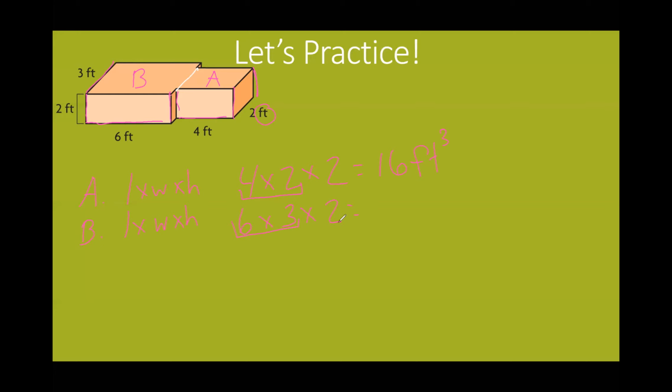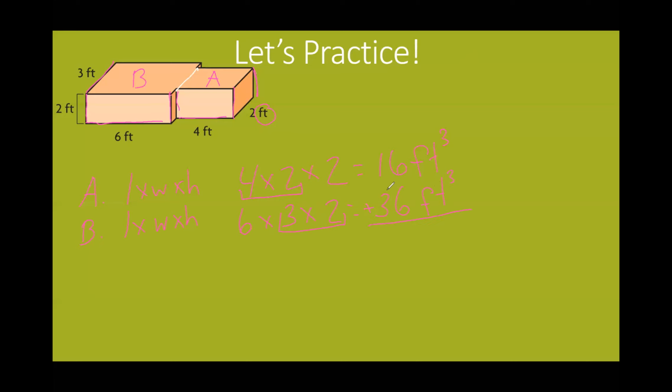And 18 and 18. Or I could say, using my commutative property, 3 times 2 is 6. And 6 times 6 is 36. I'm going to put it over here. I'm going to begin with the end in mind because I know I'm going to have to add those up.